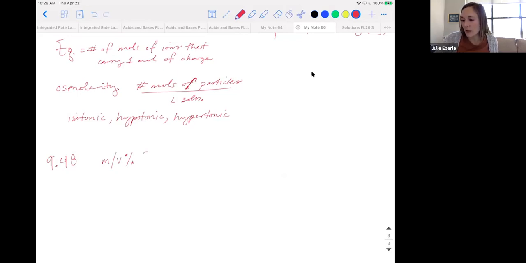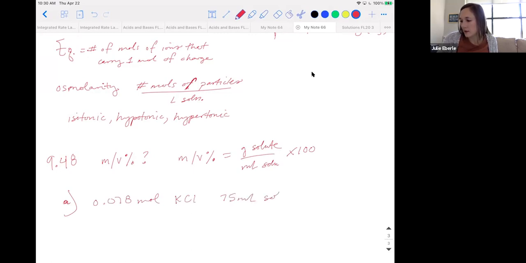So what's our equation for mass volume percent? We just wrote it up earlier. It's grams of solute per milliliter of solution times 100. And for part A, you are given the following info. It says you have 0.078 moles of KCl, and you have 75 milliliters of solution.